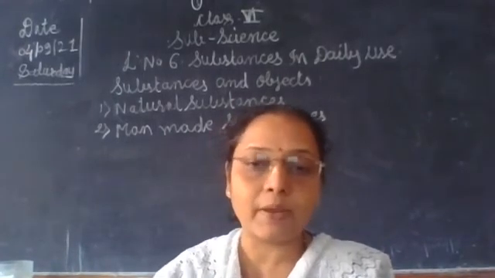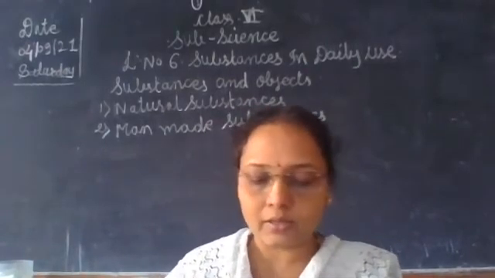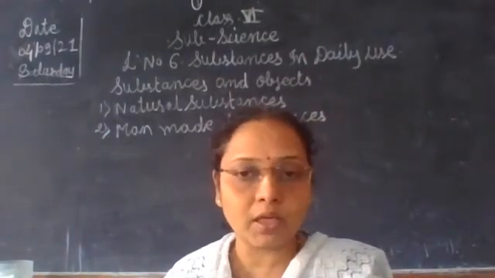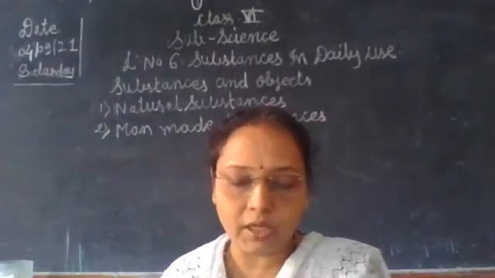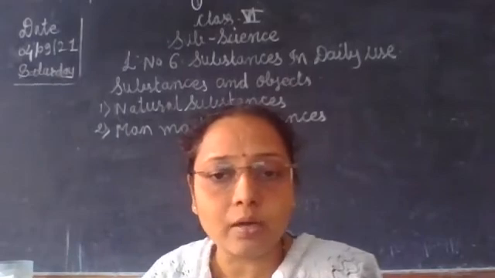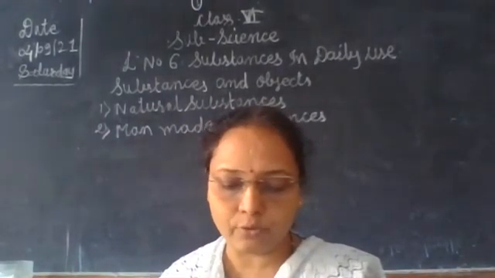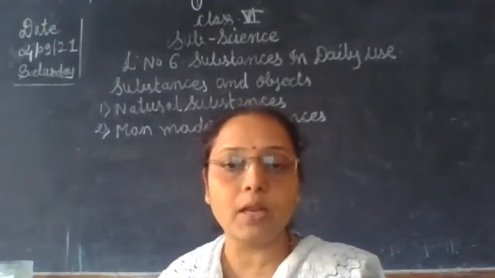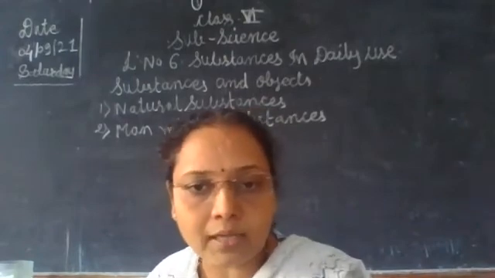कैसे बनते हैं paper? जैसे कि the logs of trees, उसका peeling निकालते हैं. That process is called debarking. After that, the logs of wood are turned into pulp. उसको crush करके pulp बनाते हैं.